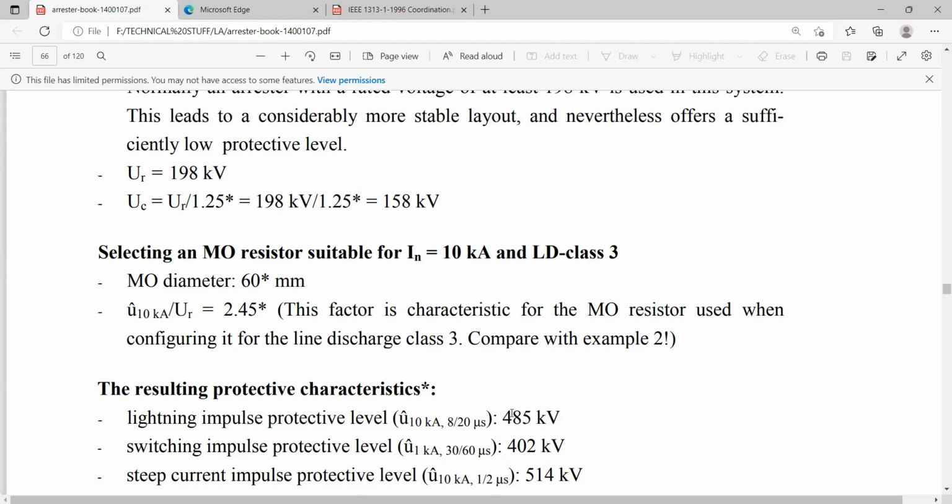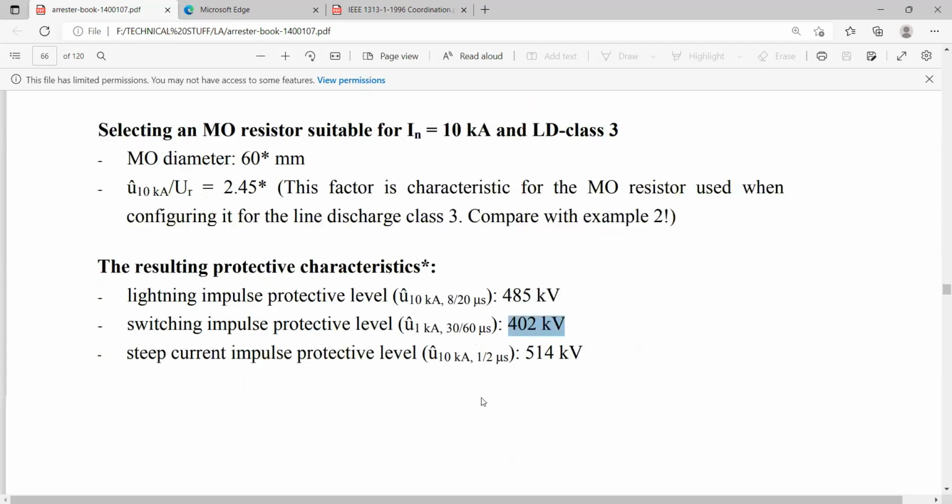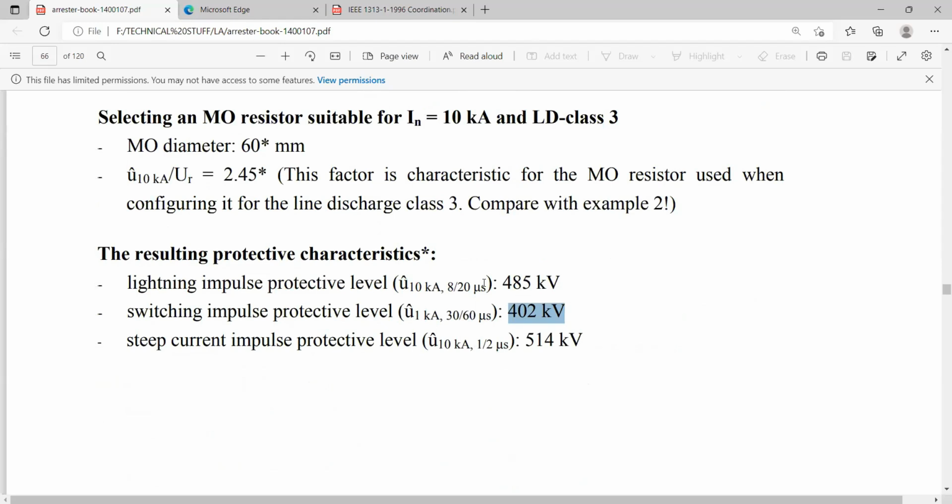Generally we take 80% of this. So 485 times 80% comes to about 420 kV. So it's not required much. 485 is the main one we check for the lightning impulse. The remaining ones will obviously be much lower.